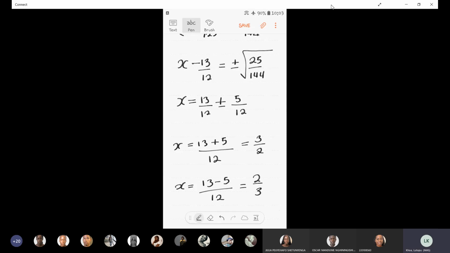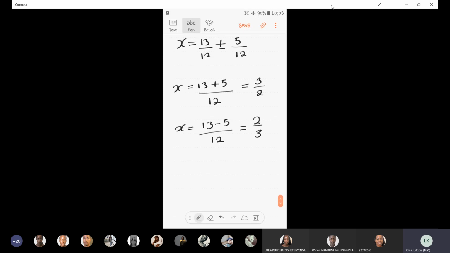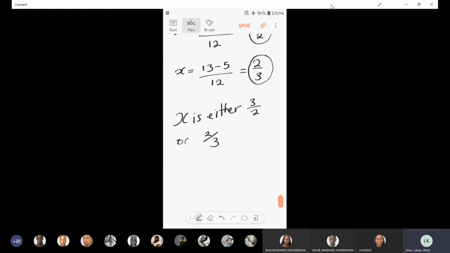Okay, so these are the possible values of your number x. So you can say x is either 3 over 2 or 2 over 3. And here you can see that if x is 3 over 2, then its reciprocal is 2 over 3.